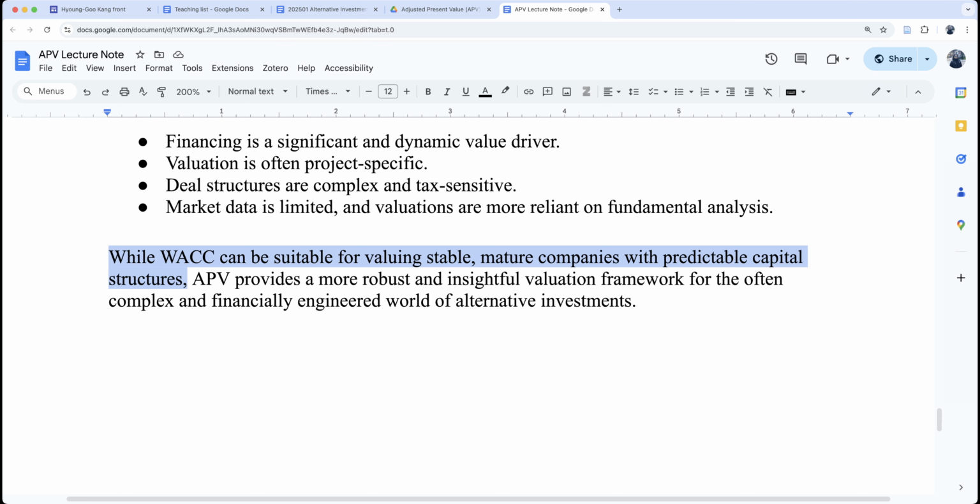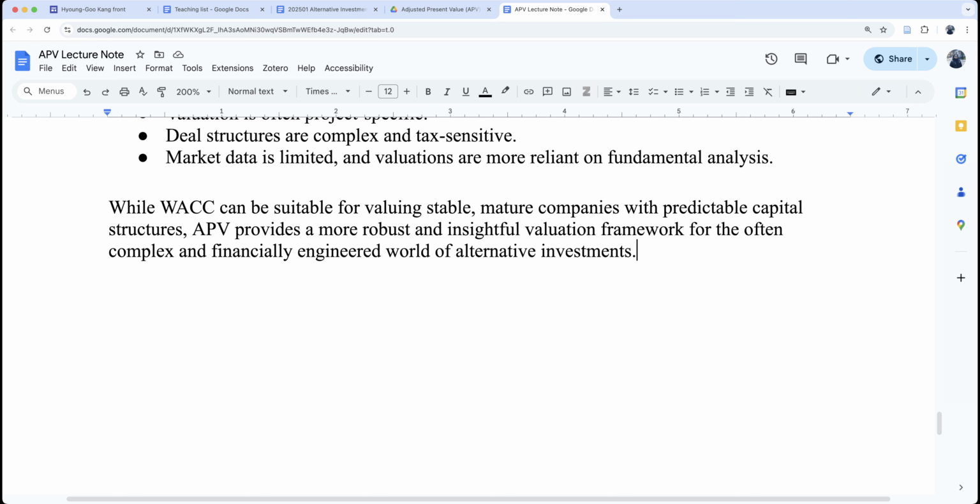APV provides a more robust and insightful valuation framework for the complex, financially engineered world of alternative investment. In alternative investment, financial engineering is important, and we want to calculate the value of financial engineering, and APV allows that. Thank you.